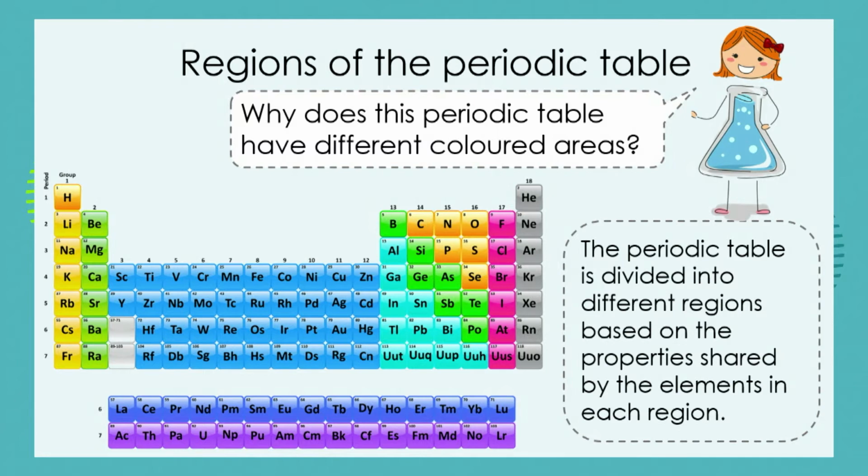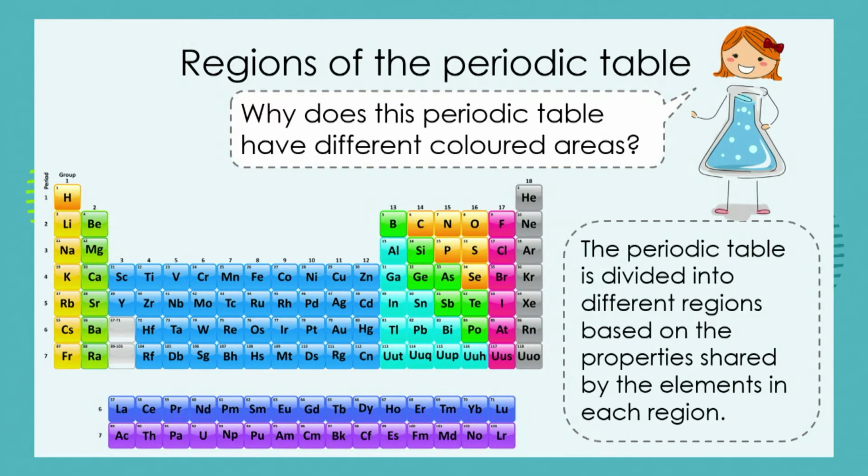Well, I'm sure that you have been looking at our example of the periodic table that we've been using and asked yourself, why does the periodic table have different colored areas? Well, not all periodic tables are published or printed in beautiful different colors. This is a very pretty periodic table.